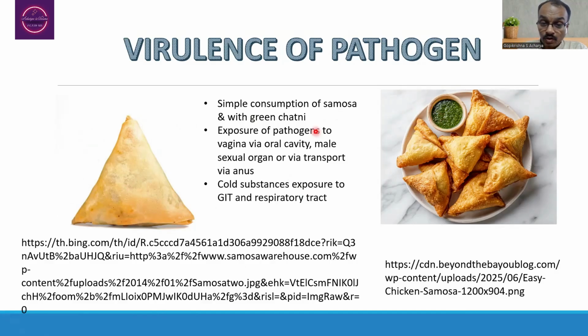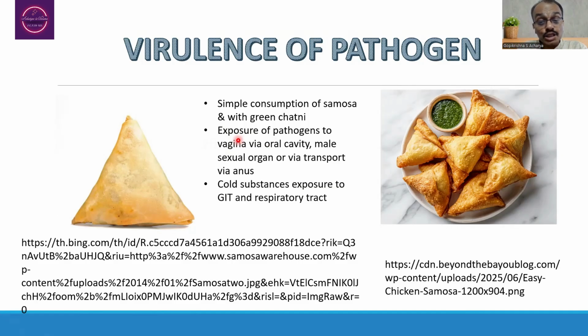Another major area where we may suspect virulence of the pathogens is the vaginal orifice. Entry of the pathogens may take place via the oral cavity of the partner, which may help in the entry of the pathogens into the vaginal orifice.